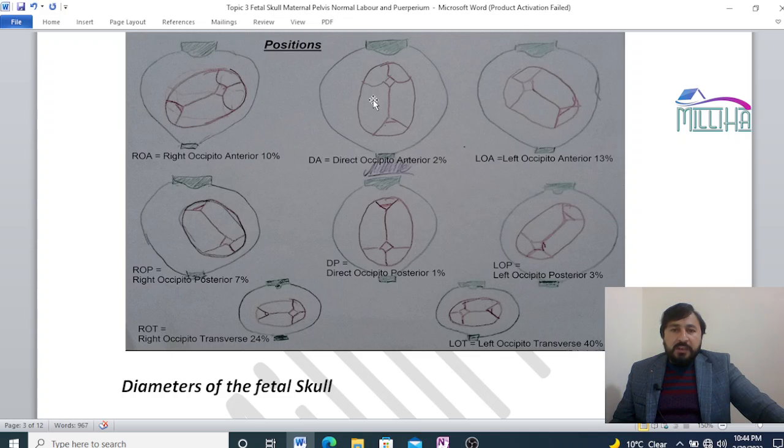Here, when the occiput is directed toward the symphysis pubis, that's anterior, called direct occipito anterior, DA is 2%. This is 10%, this is 2%. Left occipito anterior: this is left because the occiput is directed towards the left, so left occipito anterior is 13%.